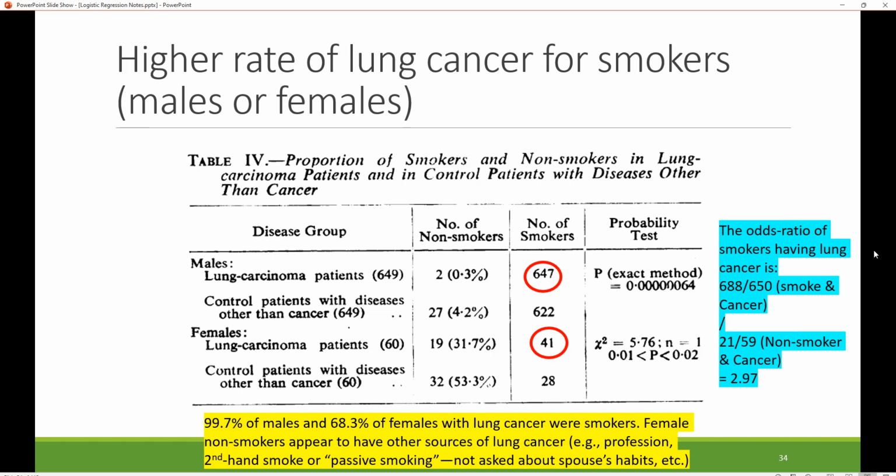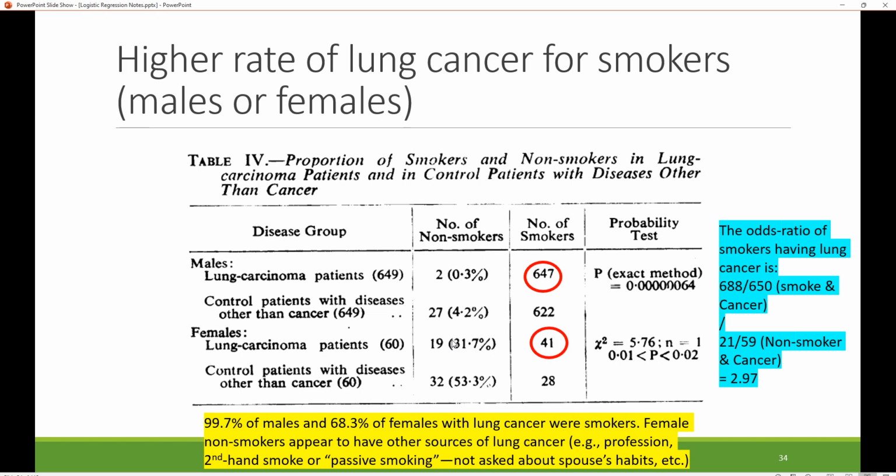The odds ratio of smokers having lung cancer is 688, which is 647 plus 41, divided by 650, which would be 622 plus 28. Then we divide that by 21, which would be, in this table, the 19 females with lung cancer plus the 2 males with lung cancer that didn't smoke.